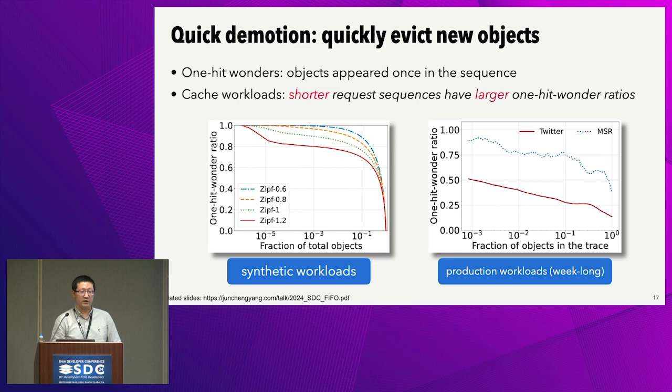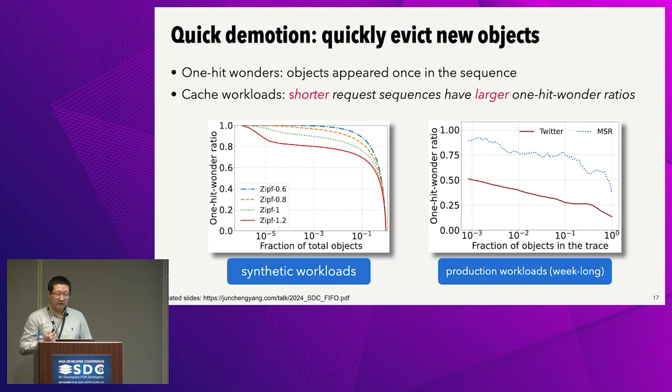Now let's look at production workloads. I'm showing 2 production workloads, one from Twitter and one from Microsoft Research. The y-axis is the same, which shows the one-hit wonder ratio. X shows the fraction of objects in the trace. So on the right-hand side, at 100%, or this 1, is the full trace, which is week-long. On the left, it means a shorter trace.